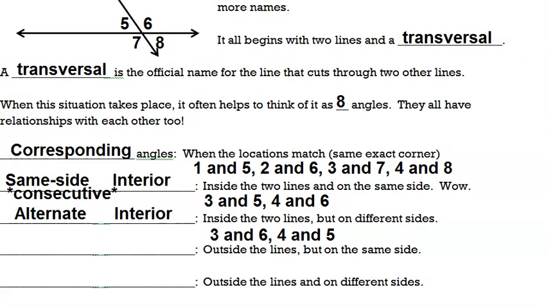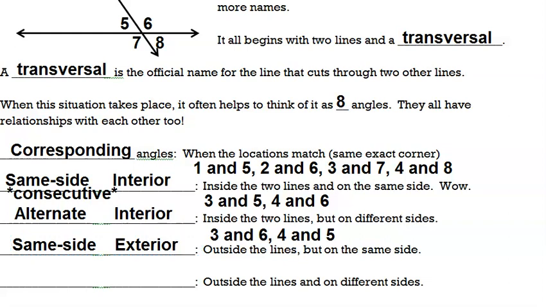Outside the lines, but on the same side. A lot of teachers don't bring this one up, and I think the reason they don't is because once you take care of all the others, it sort of is just that obvious. Just as an example, if you Google search same side interior, you will get 47 million hits. If you Google search same side exterior, you will get 27 million hits.